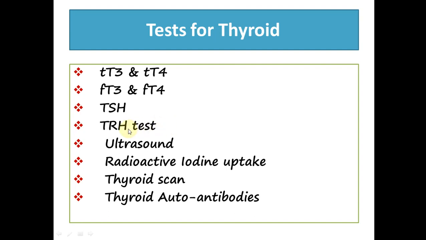If the TRH test stimulates the secretion of TSH from the pituitary, this means that the problem is in the hypothalamus. And if the thyrotropin releasing hormone fails to increase the release of TSH from the anterior pituitary, this means that the problem lies in the pituitary gland.